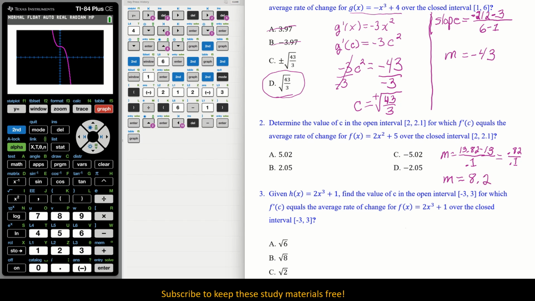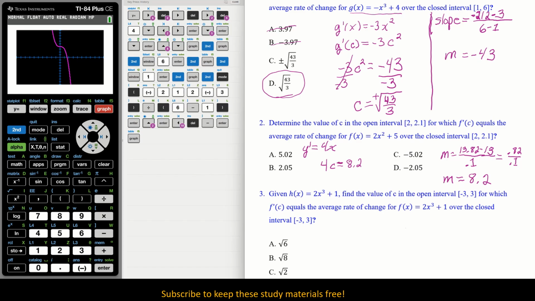All right. So now our y prime equals 4x. That's it. That's all we have for that is 4x. Real simple. So if we put that equal to, well, let's make it c first, okay? So then we know we have 4c equals 8.2.